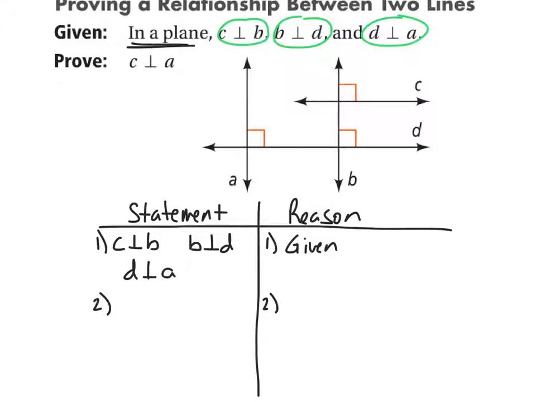So, what does it say? If two lines are perpendicular to the same line, then they are parallel to each other. So, we know that C is perpendicular to B. We know that D is perpendicular to B. So what can we say? C is parallel to D.